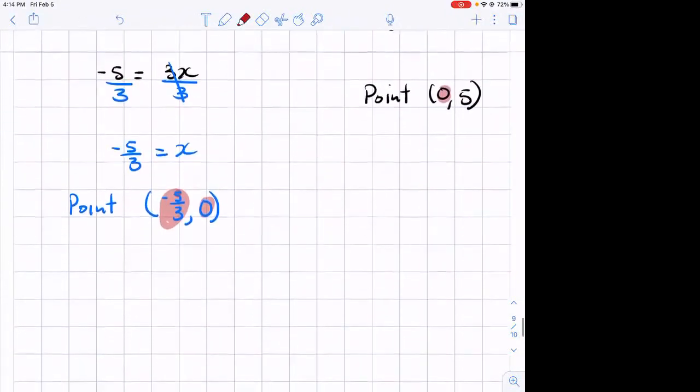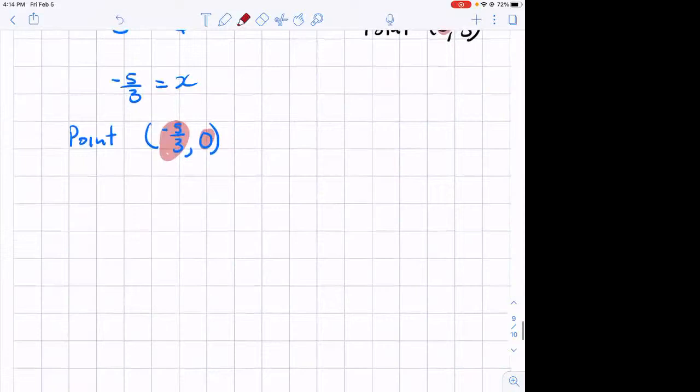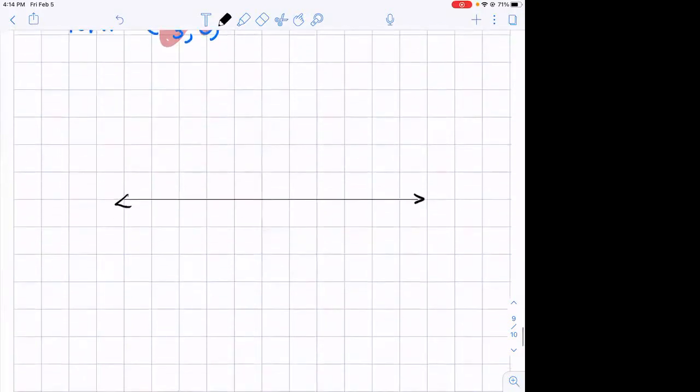Now, how do we plot these points? Well, we just have to be a little careful, okay, and neat. We just have to be careful and neat.